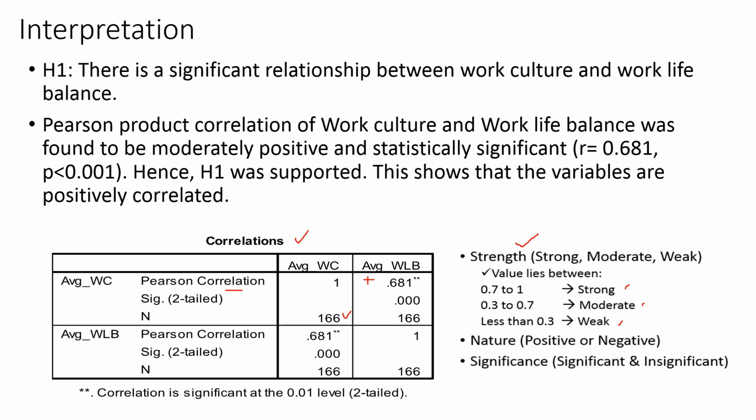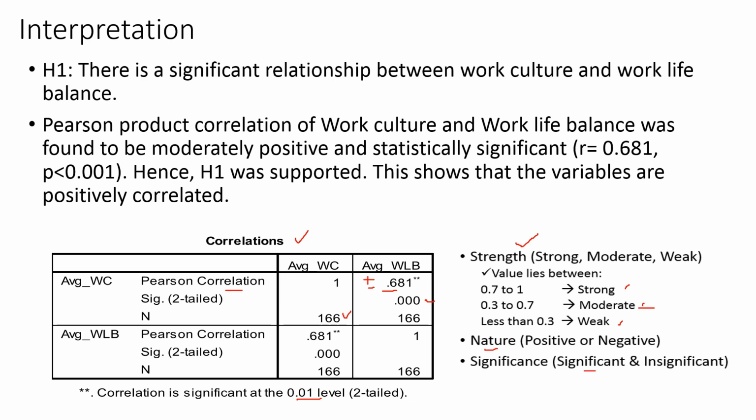See this, it is 0.681, and hence it is moderate. And the nature is positive. And significance is whether significant or insignificant. Here it is 0.000 and that is less than 0.01. So this is significant. That means this is true.